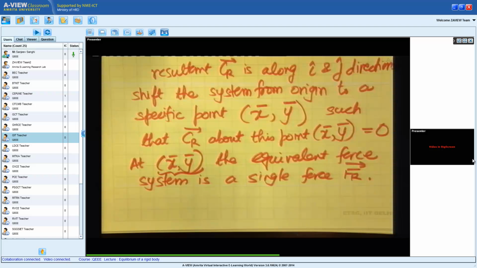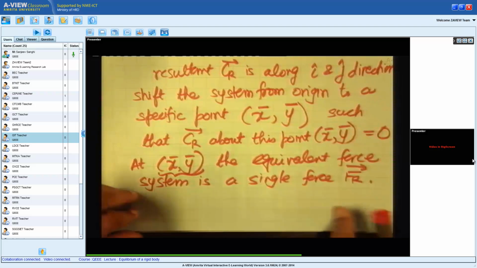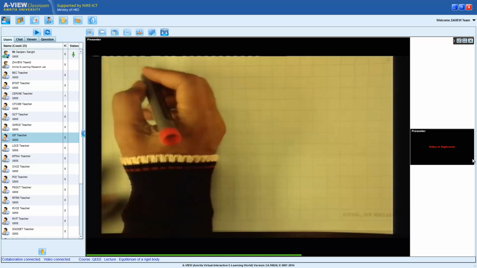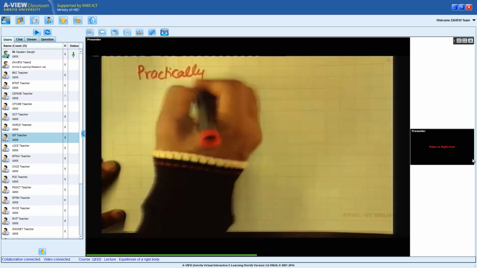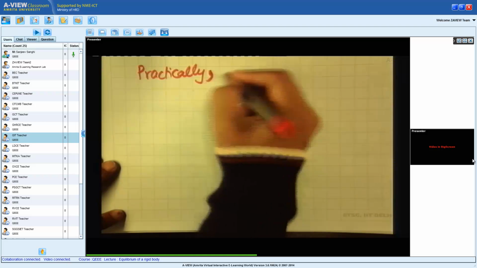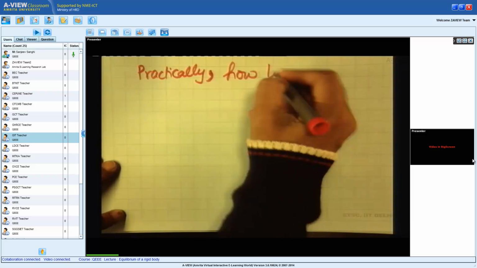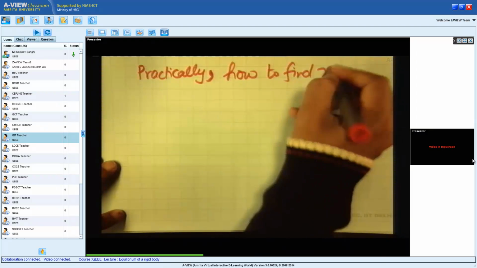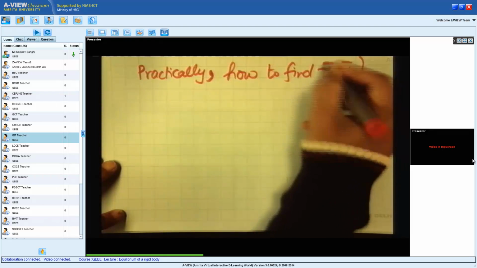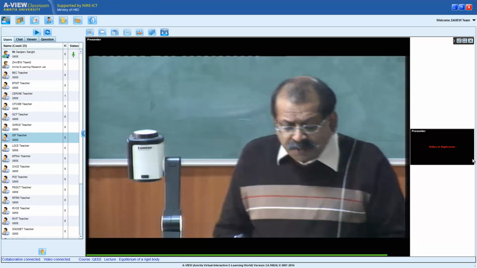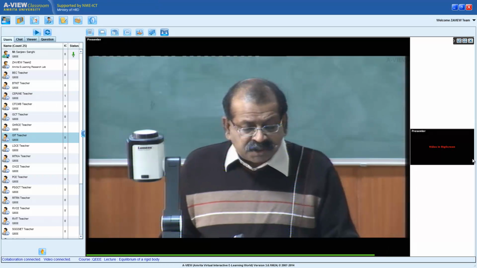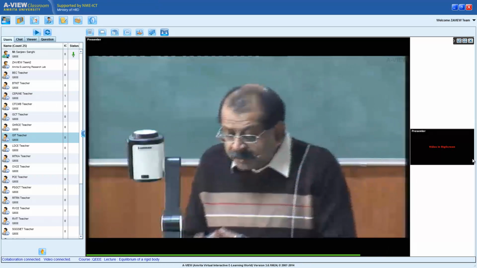Practically, how do we find x bar y bar? So then the question comes, practically, how to find x bar y bar, and we will use the same method which we used at the end of the last class to find where the equivalent acts for a planar force system.